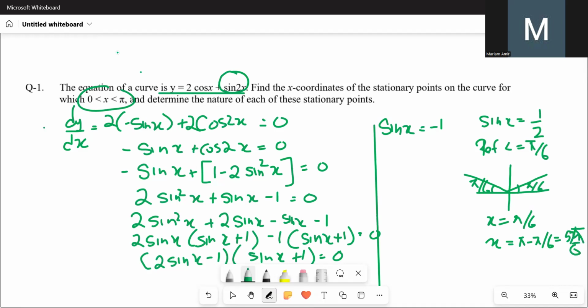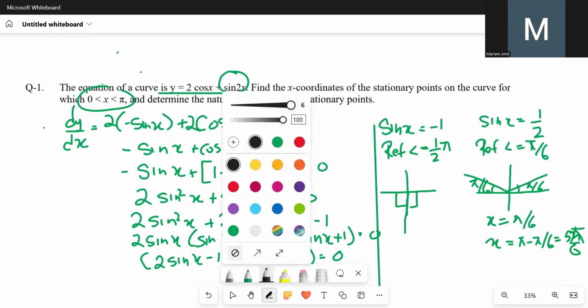All right, from here, let's find the reference angle for sine x equals negative 1, which will be shift sine 1. We always find the reference angle for the positive value. This is going to be half pi, which is 90 degrees. When sine is negative, the angle is in the third and fourth quadrants, so the angle is on this line, and it's outside of this domain.